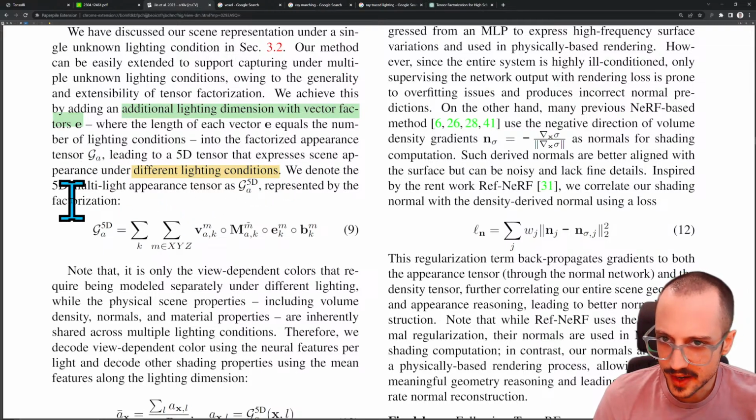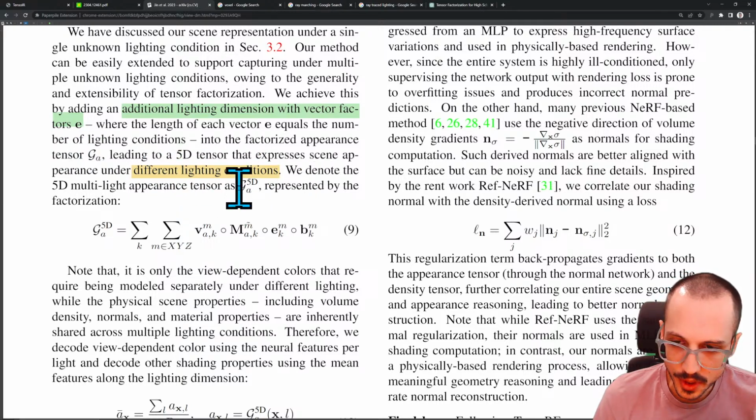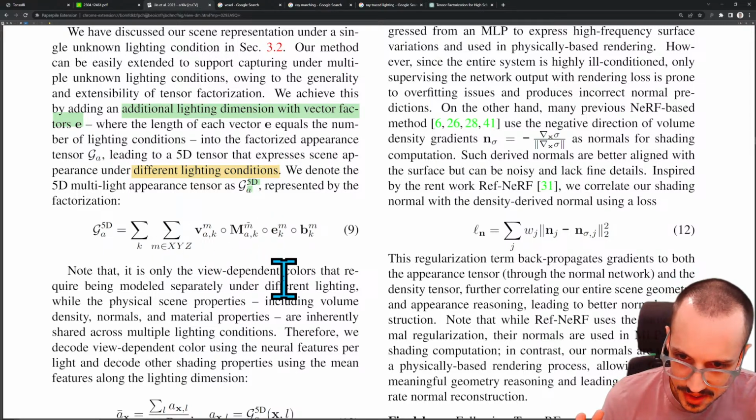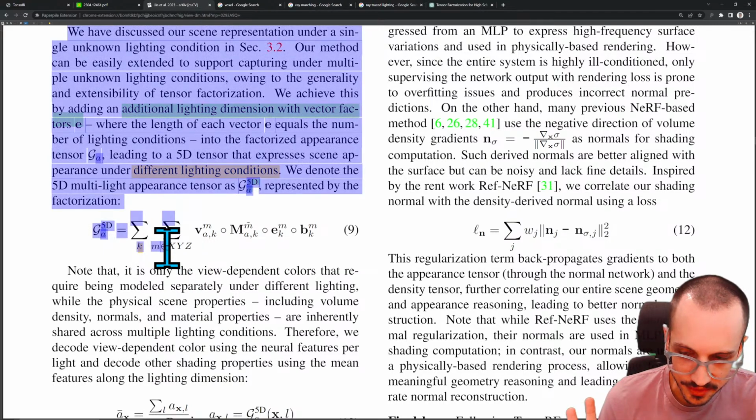Okay, we denote the 5D multi-light appearance tensor as G5DA. So GA is just the 4D appearance tensor, and G5DA is the 5D appearance tensor. And you can see here that basically the only thing they added, this is still the same. It's still a summation over K, which is the number of factorizations.